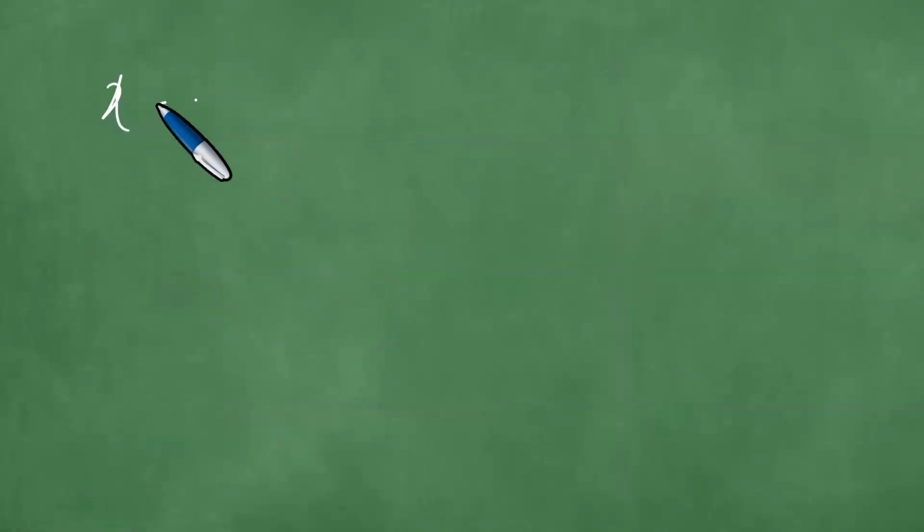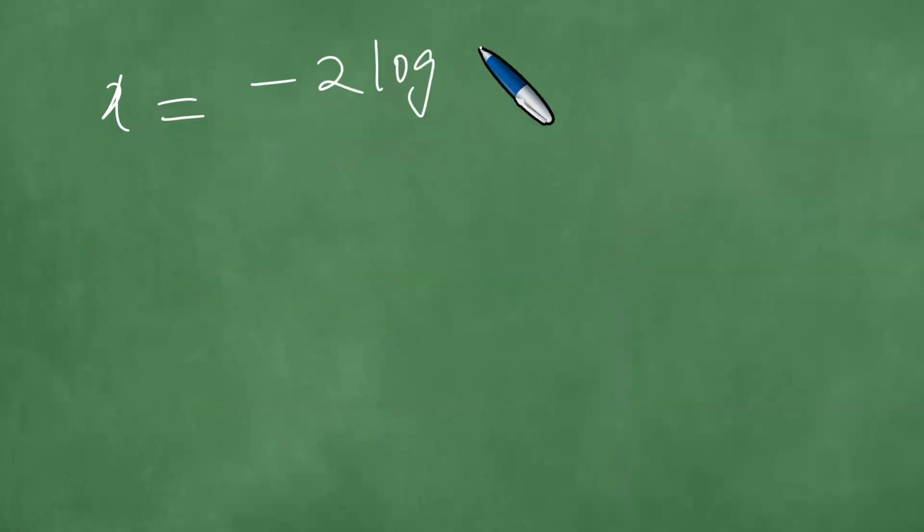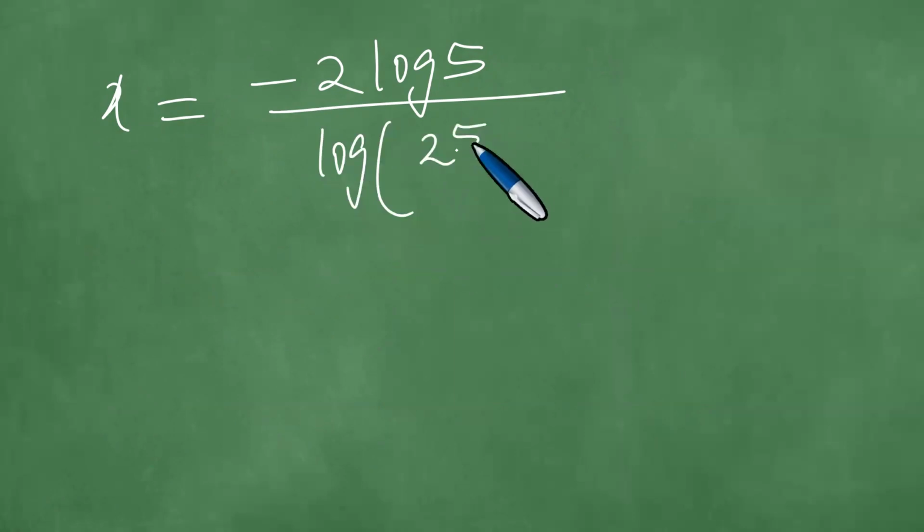It therefore follows that x is minus 2, the log of 5 divided by the log of 25 out of 6.